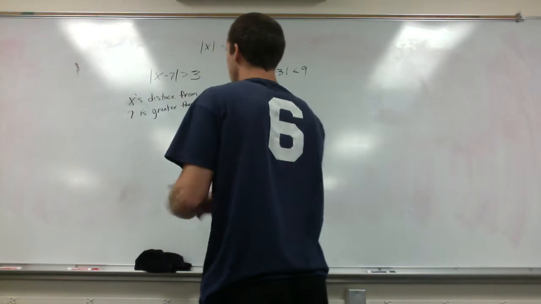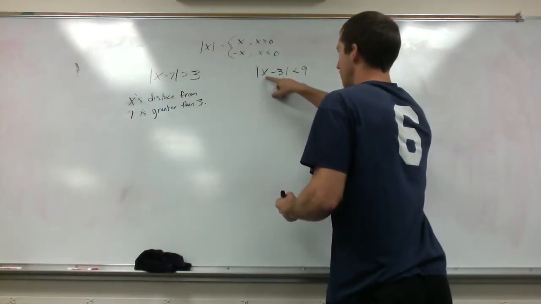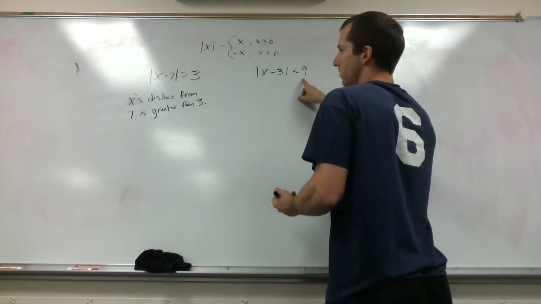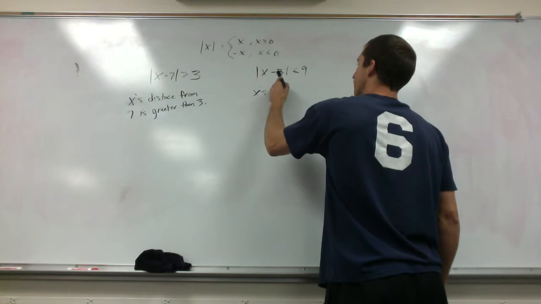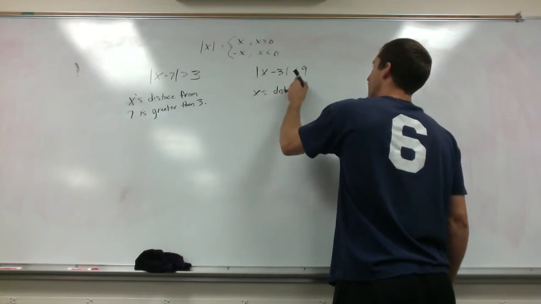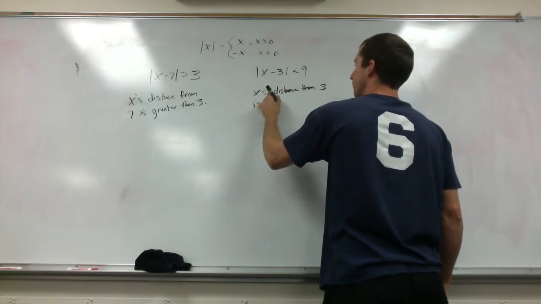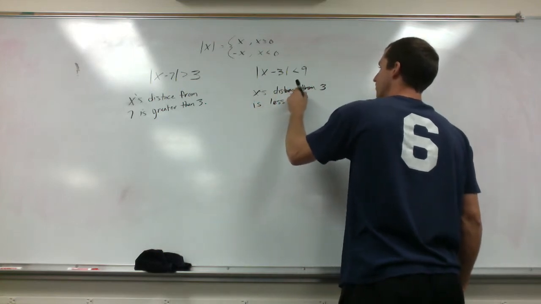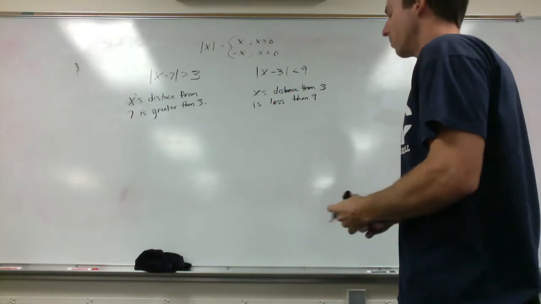And if you solve that inequality, that's what you get. Similarly here, x's distance from 3 must be less than 9. Or in other words, x is within 9 units from 3.